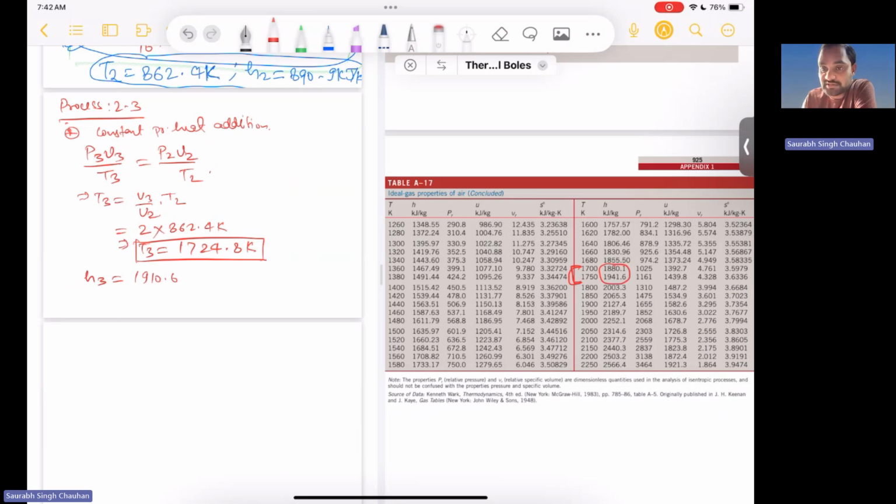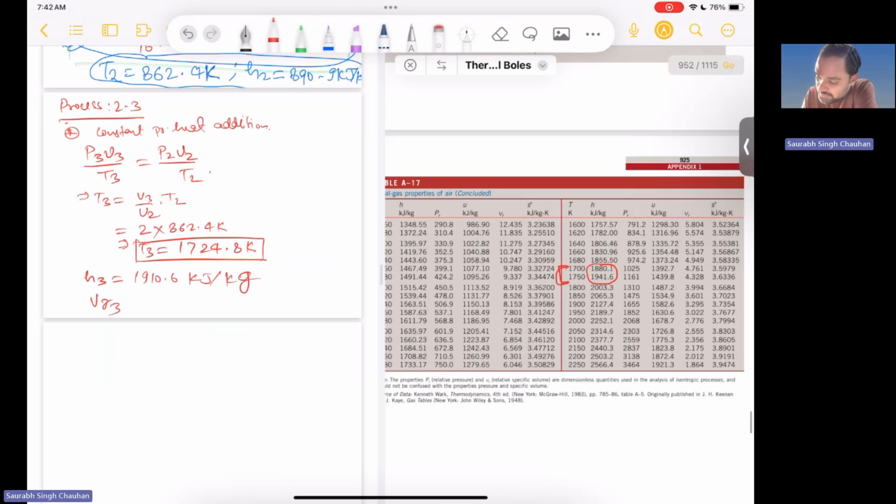You can use the interpolation. I'm writing the direct value, taking 1910.6 kilojoule per kg. And VR3 also will be somewhere between these values, so again you can use the interpolation. I am writing 4.546.